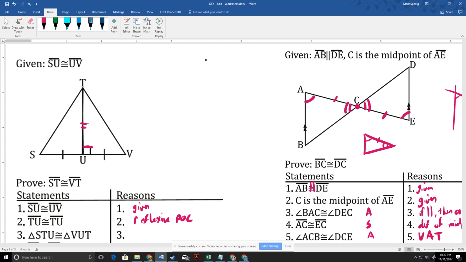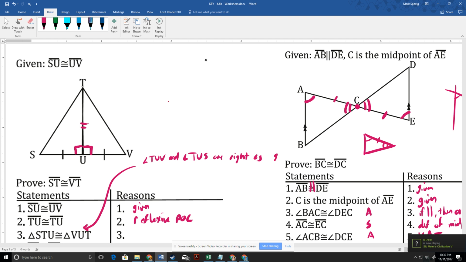Now, in this case, what I would probably say is that this angle, again, I'm going to put this in here as steps. And it would basically be that angle TUV and angle TUS are right angles, right? And that's because it's given in the diagram.